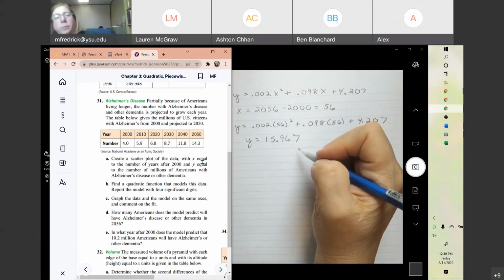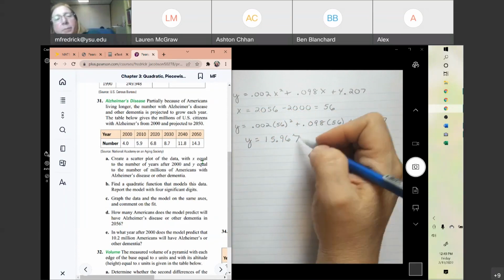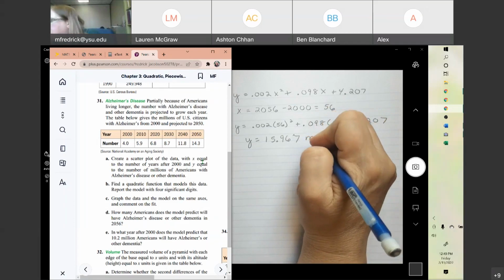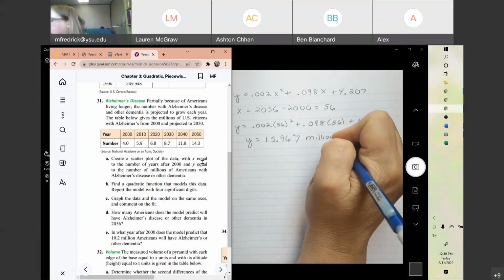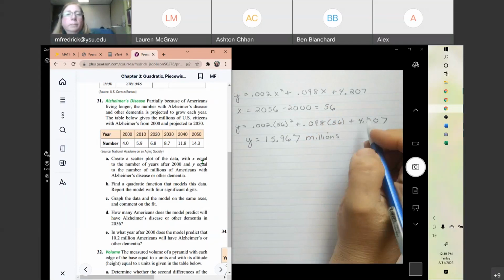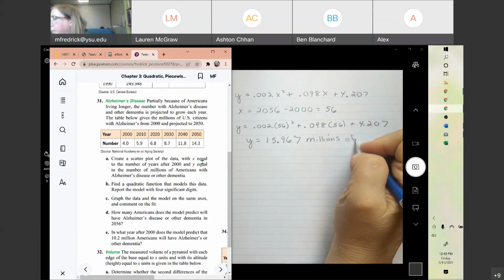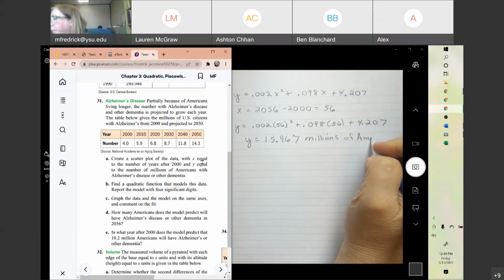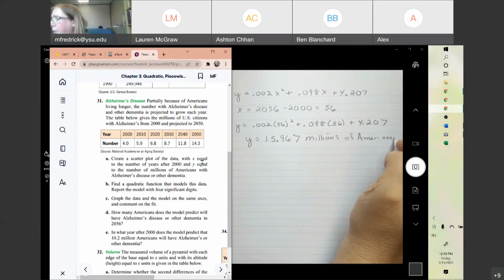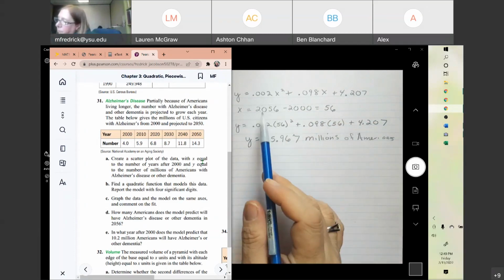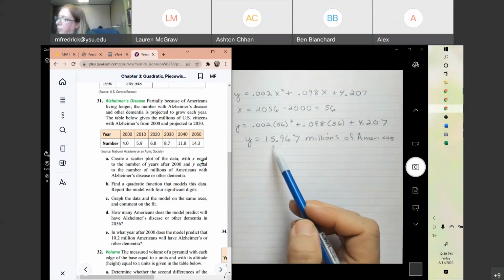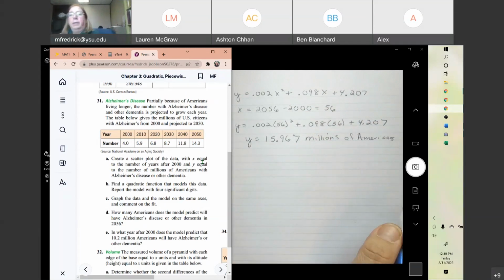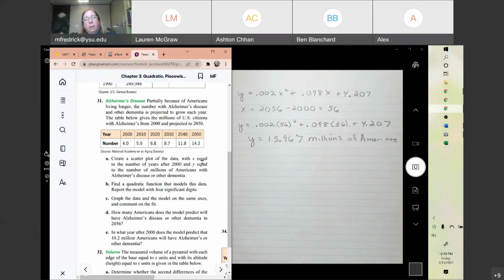So I'm getting 15.967, but remember that's in millions. So by 2056, 16 million Americans will have Alzheimer's or dementia, some form of it. Any questions on that?